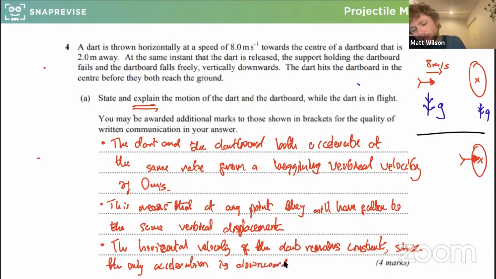Now, this is slightly counter to our intuition. Our intuition is that the dart would slow down in the horizontal direction too. And all that's happening there is that in the real world, we have air resistance, and air resistance is not being taken into account here. Okay, good.